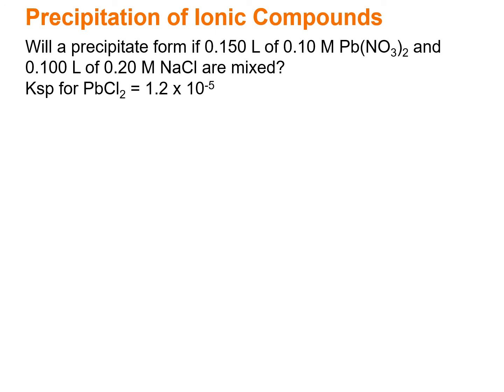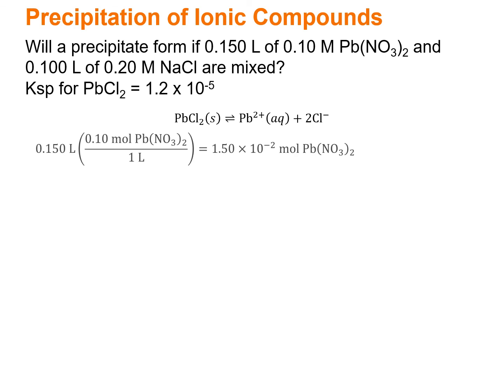We probably want to write the reaction equation first. Next, we figure out the number of moles of lead nitrate present. We have 0.15 liters of 0.1 molar, which gives 1.5 times 10 to the minus 2 moles of lead nitrate.